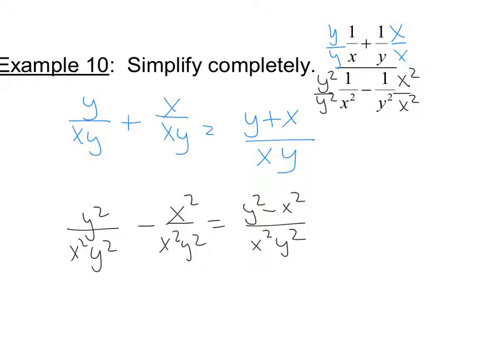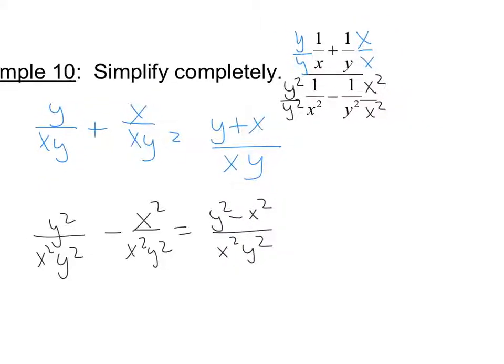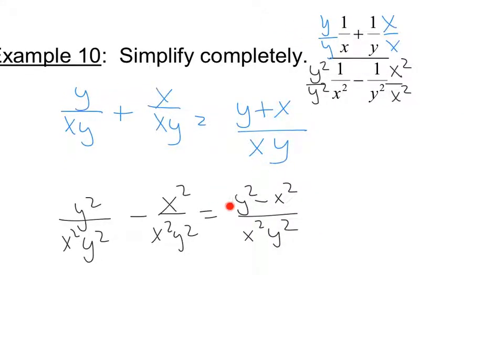But now this top one factors right here. This one factors. So it's going to end up being y minus x, y plus x over x squared y squared.